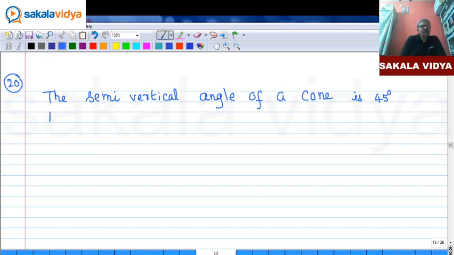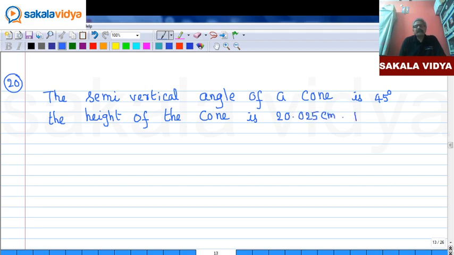The height of the cone is 20.025 centimeters.